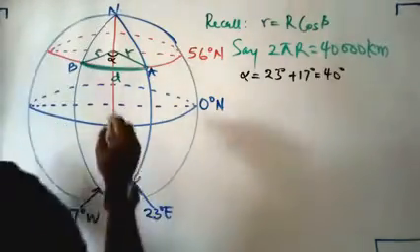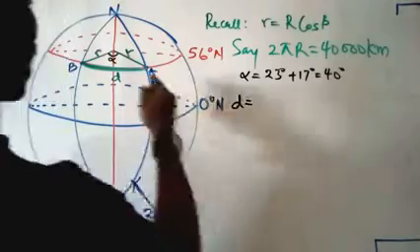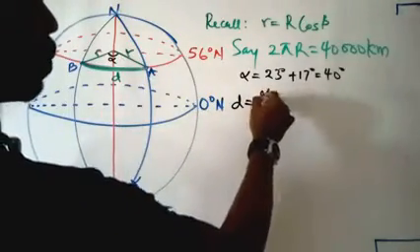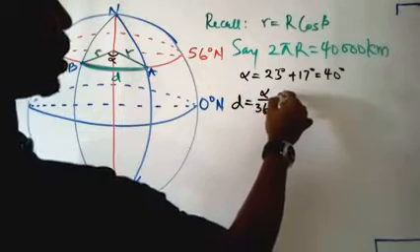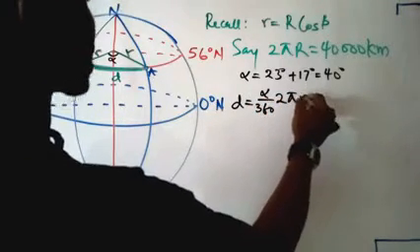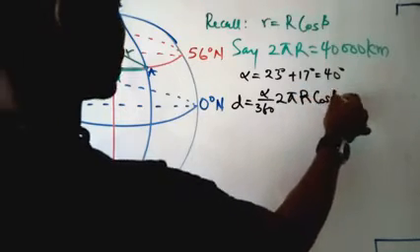So the next thing is I want to get the distance along the same parallel of latitude, and the formula is alpha over 360 2 pi small r, and small r is capital R cos given latitude.